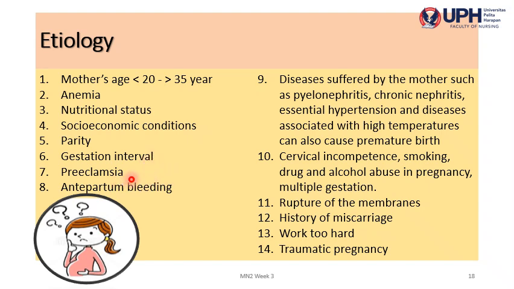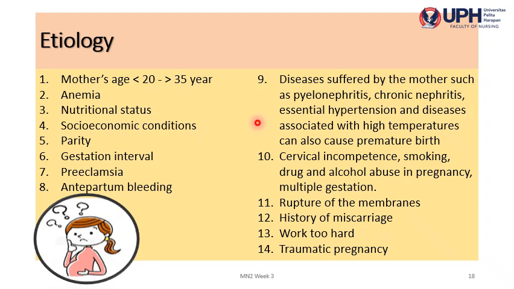There is also a history of eclampsia, antepartum bleeding, as well as other diseases suffered by the mother, such as pyelonephritis, chronic nephritis, essential hypertension, or other diseases that are associated with high temperatures, which can also lead to premature birth.